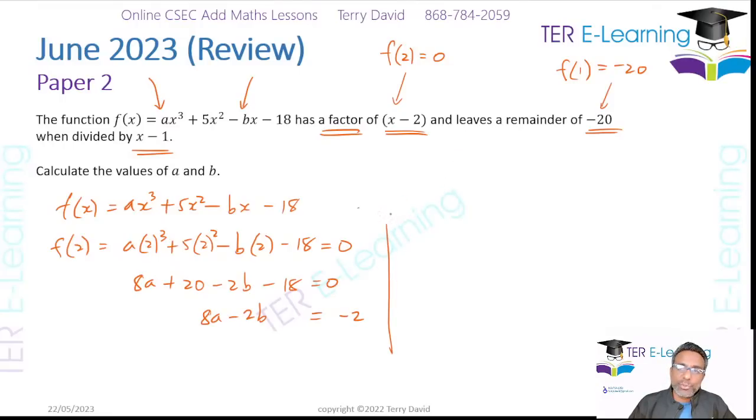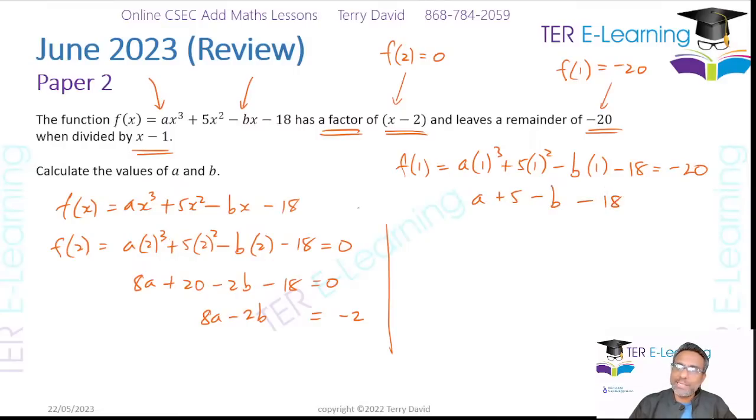Next thing we're going to do is find f of 1. So f of 1 is going to be a by 1 cubed plus 5 by 1 squared minus b by 1 minus 18 is equal to minus 20. 1 cubed is 1, so this is a plus 5 minus b minus 18 is equal to minus 20.